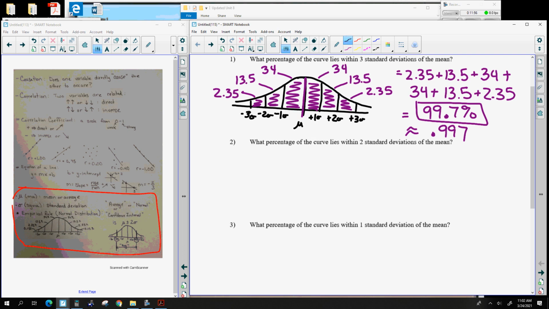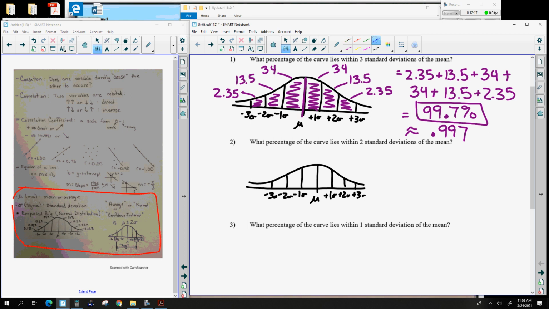Okay, same question, but this one is asking for 2 standard deviations. So our curve: this is the average, 1 standard deviation, 2 standard deviations, 3 standard deviations, and the same going down.